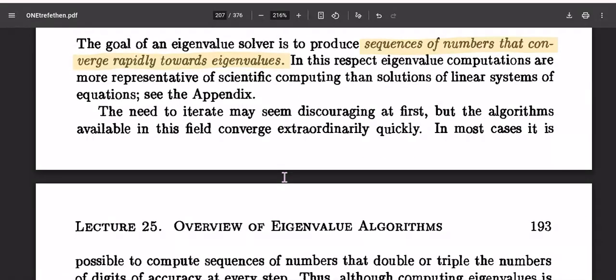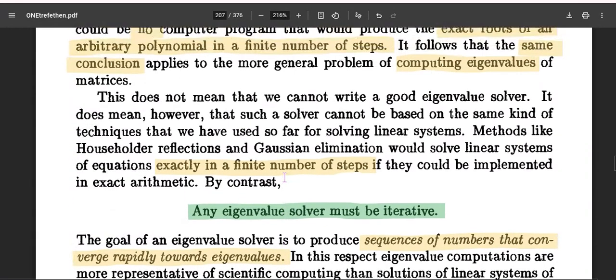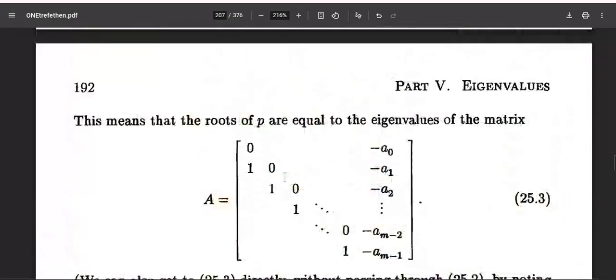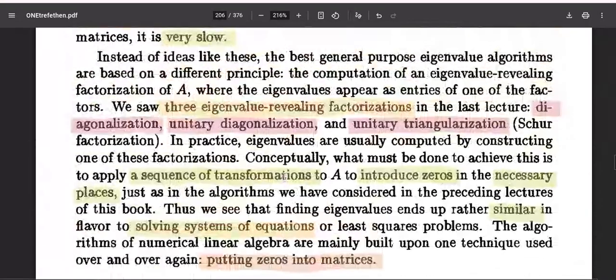With this conclusion, and from the last lecture, we saw that there are three factorizations through which eigenvalues can be computed. As we remember, those three factorizations are first diagonalization, that is eigenvalue decomposition, second unitary diagonalization, and third unitary triangularization. Eigenvalue decomposition can be done only if the transform matrix X is non-defective.